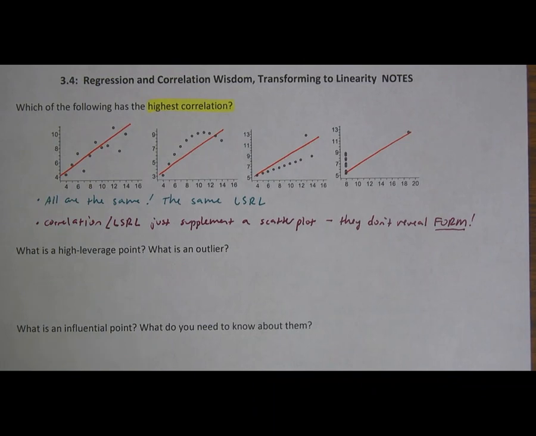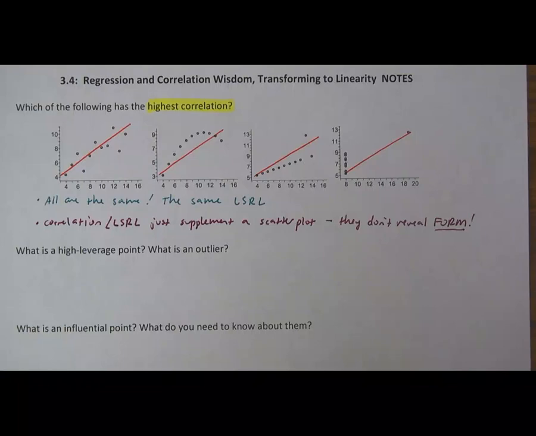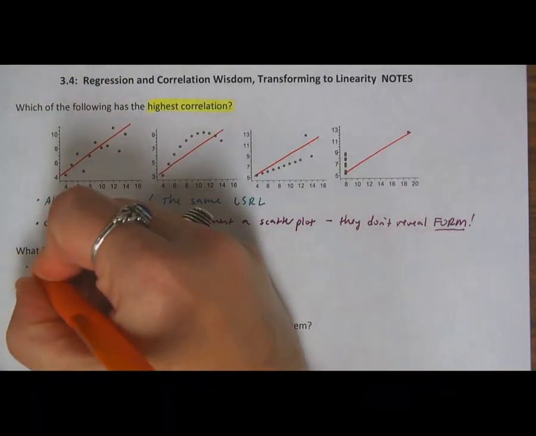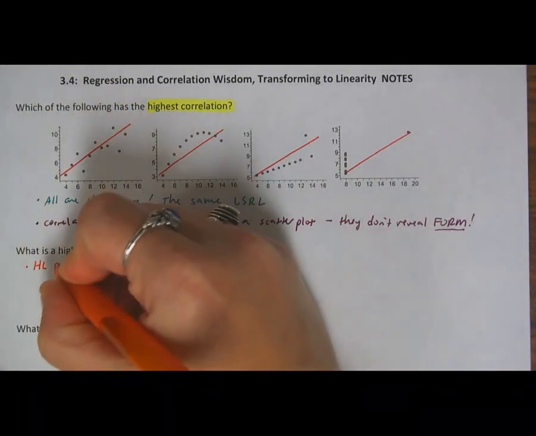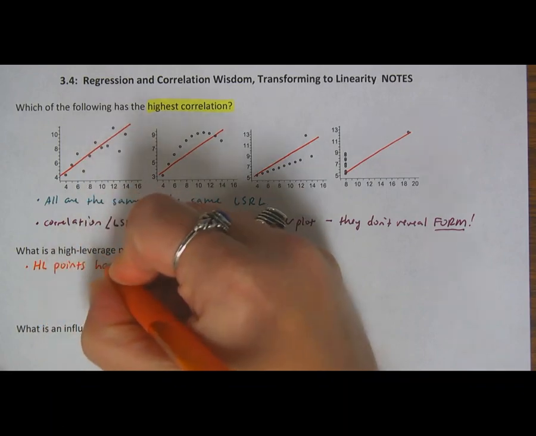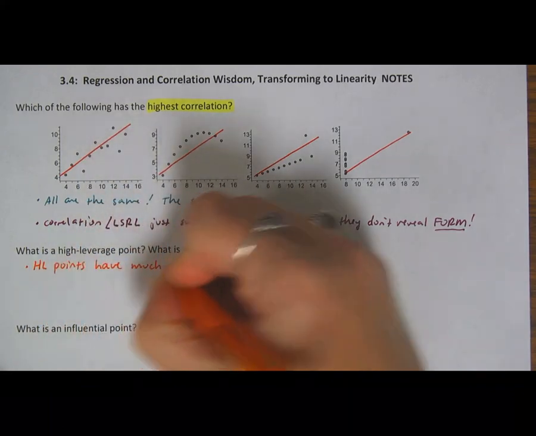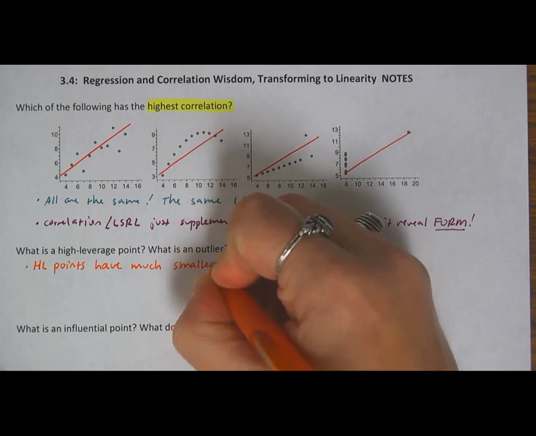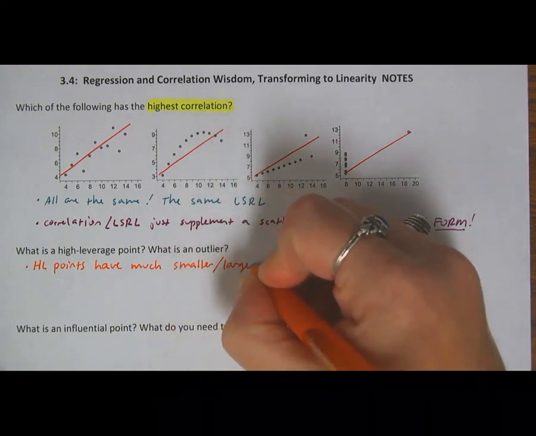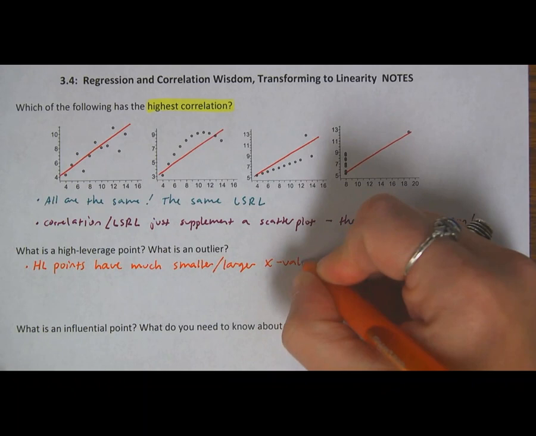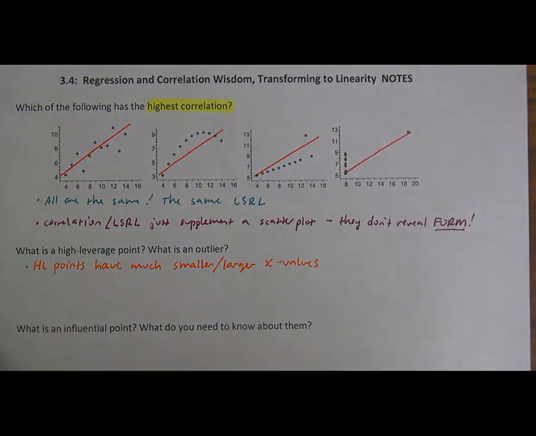In the video, he went over high leverage points versus outliers, and so let's write down the difference here. High leverage points, I'm going to put HL, have much smaller or larger, specifically X values, than the other points.